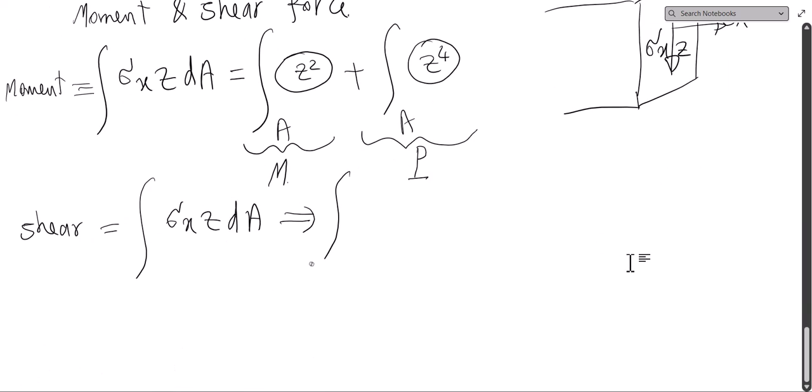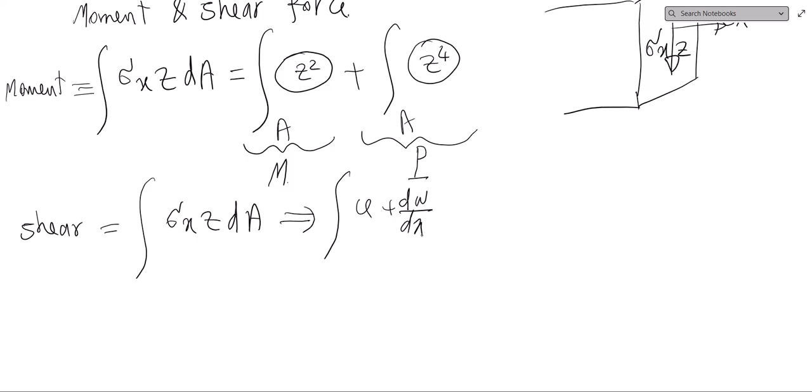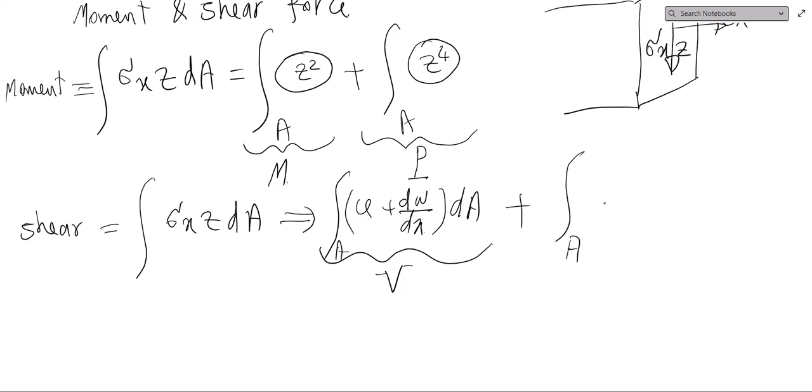So again, we get two parts. One is the y plus, maybe I write this in complete form, maybe relatively, dA. This is our shear force, our traditional shear force, plus integral, this is again over A, of z2 to y plus dw dx dA.